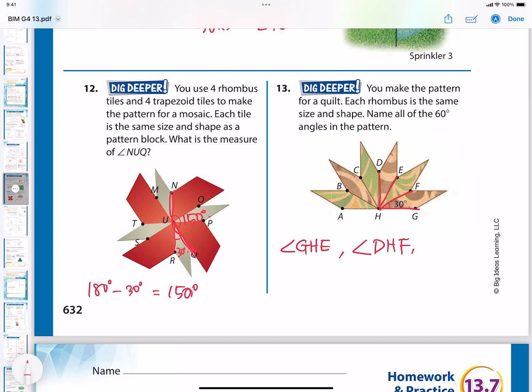And I'm going to move one at a time, which is CHE, and angle BHD, and angle AHC. Did I do everything? Oh, I forgot F. Oh, hey, I did. So 5 of them. Okay, so that's it. So I found all.